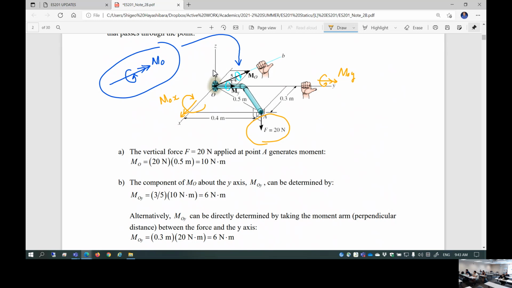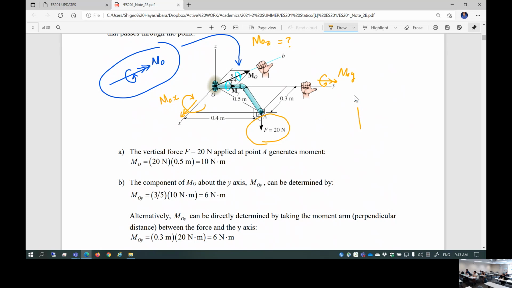What is the moment in the z direction? What is MOZ? Go ahead. Be 10 meters? You think so? 20 times 0.5? So that's perpendicular to z.